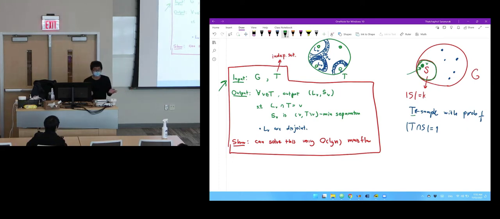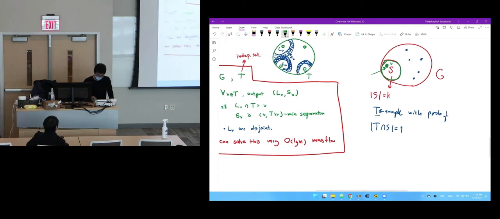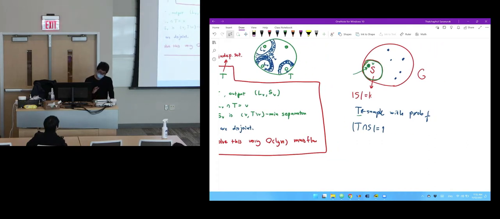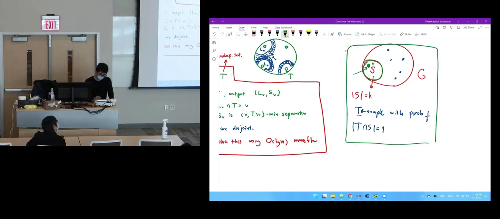So this is good. Now let me point out something that seems to be a problem for the vertex case, since this is for the edge case.